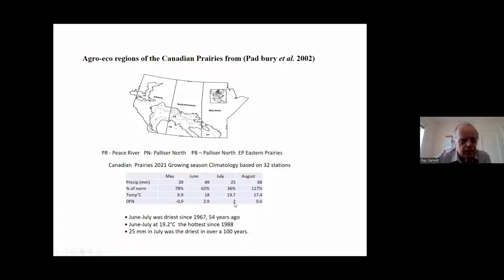And June and July, based on my data, was the driest since 1967, 54 years ago. So it was an extreme drought, something we haven't seen in over 50 years in terms of dryness. Next.